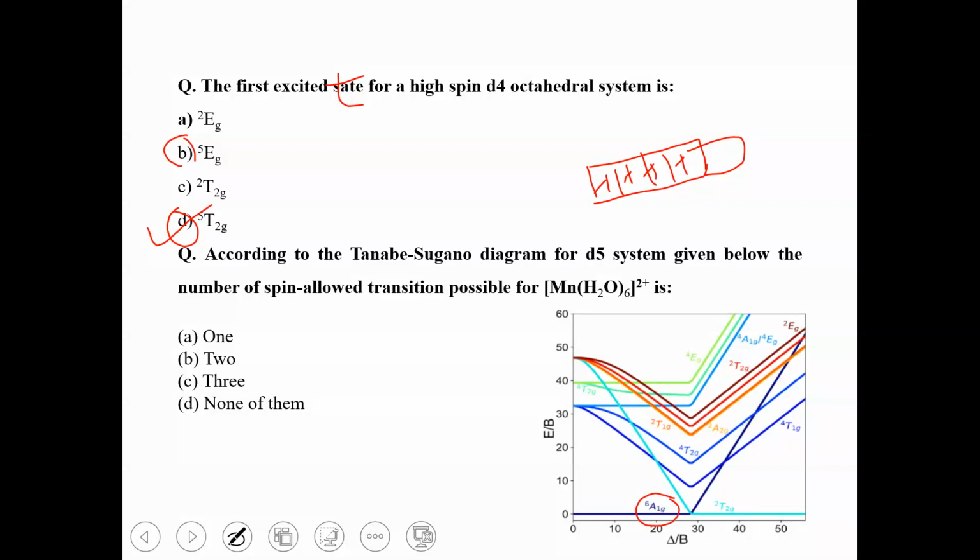So this is the ground state. Either it can have a transition from here to here and so on, but the spin multiplicity should be the same. So here there are no other terms having a multiplicity of 6.